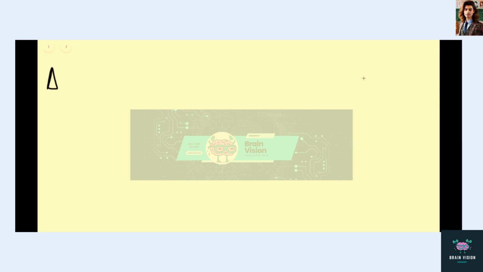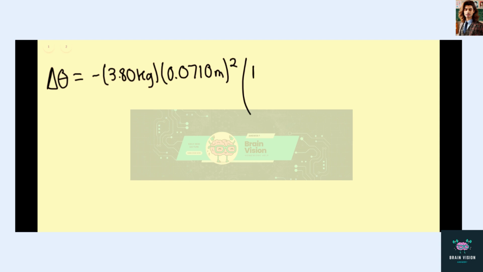So delta theta would then be equal to negative 3.80 kilograms multiplied by 0.0710 meters squared multiplied by 10,300 RPMs multiplied by 2 pi radians for every 1 revolution multiplied by 1 minute for every 60 seconds.